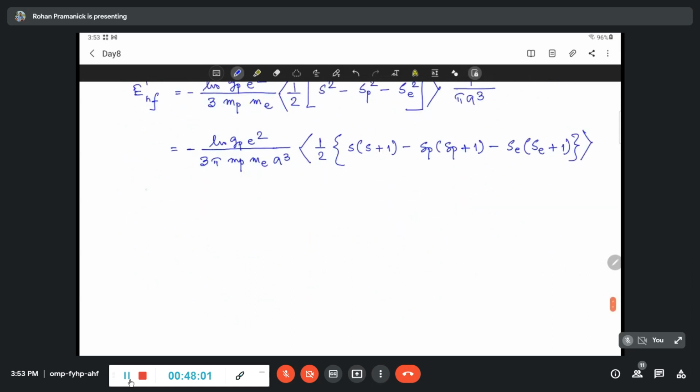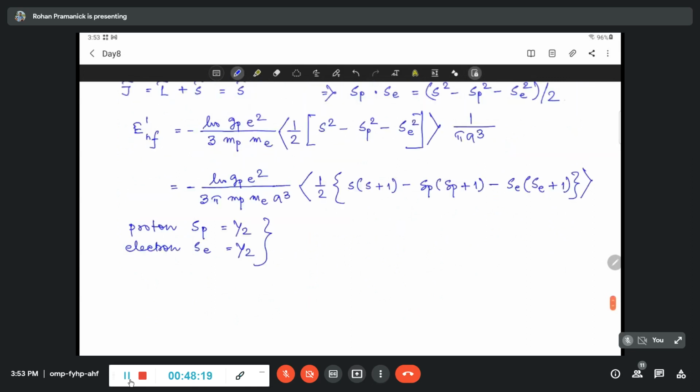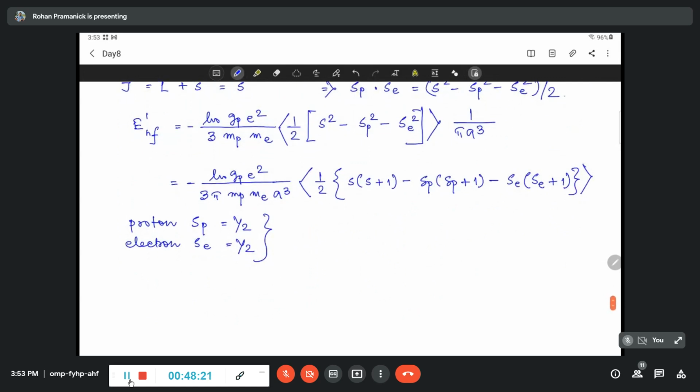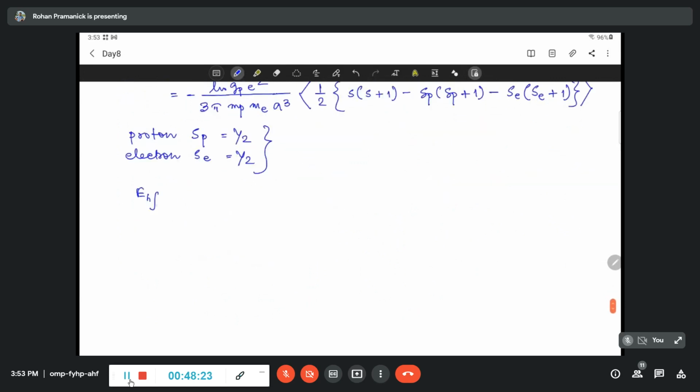So we know that this proton and electron, they are both half integer particles because they are fermions. So this expression reduces to E hyperfine 1 equals minus mu naught g_p squared over 3 pi m_p m_e a cubed.